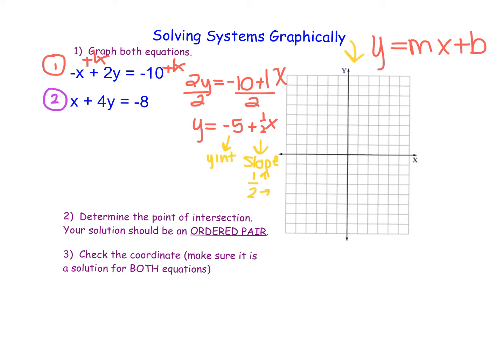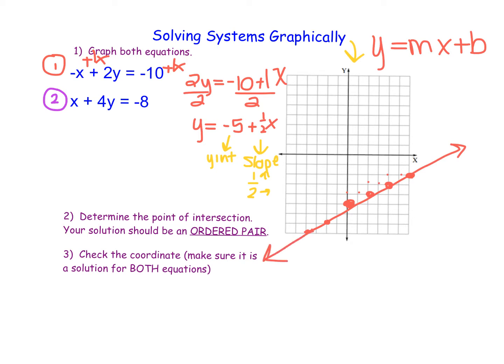So I'm going to go to my graph, go to my y-intercept, and go to negative 5. So 1, 2, 3, 4, negative 5. And then to find more points, I'm going to go up 1, right 2, up 1, right 2, up 1, right 2. And then I can apply that same pattern backwards to get a nice graph.